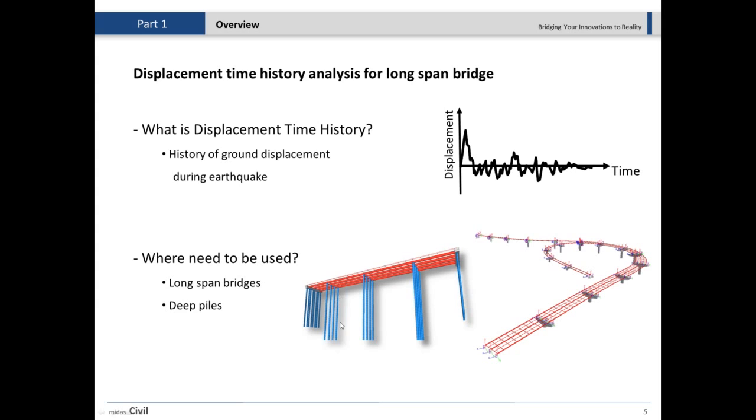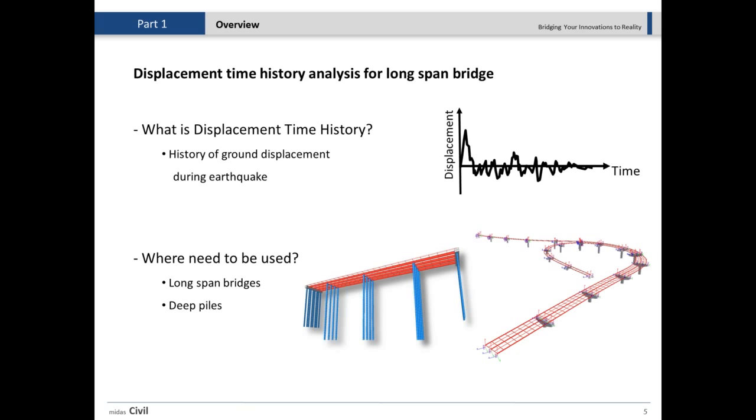When you have a deep pile, the different layers of the pile are covered by different types of soil. For example, in the top layers we have clay, then we have sand, then we have rock. So definitely the soil-structure interaction would be different in different layers. In such a situation, we need to run the displacement time history analysis.